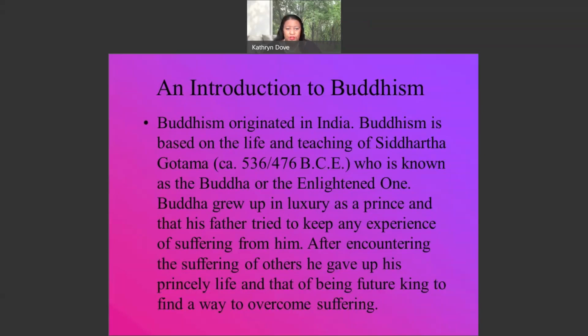Buddha grew up in luxury as a prince, and his father tried to keep him from experiencing any suffering. After experiencing the suffering of others, the Buddha gave up his princely life and that of becoming a future king to find a way of overcoming suffering.